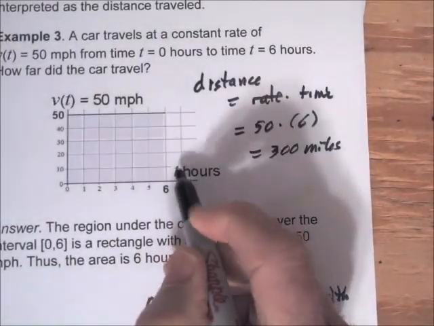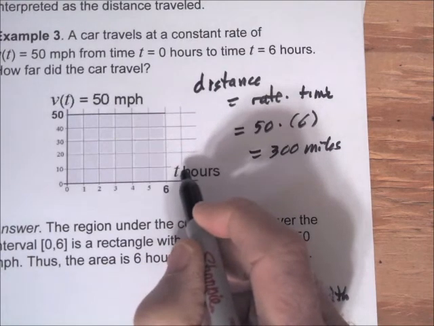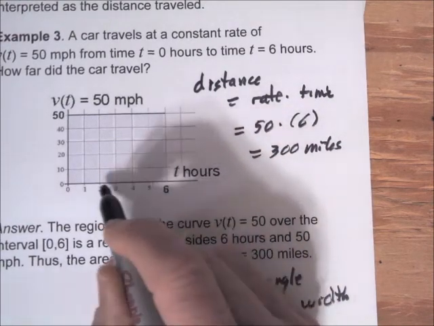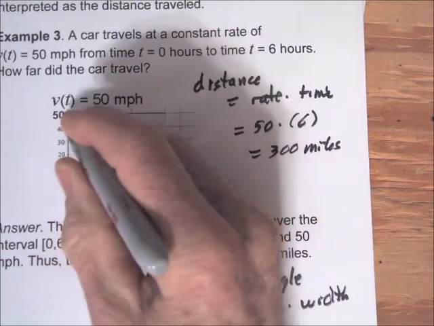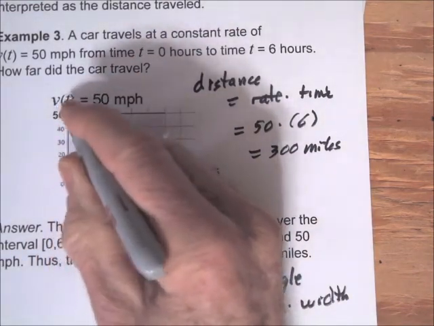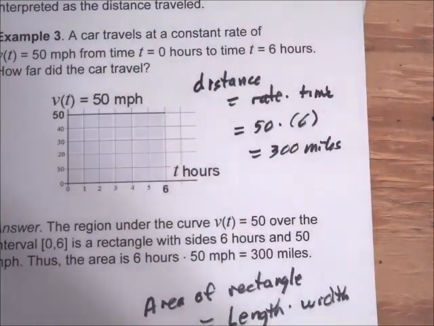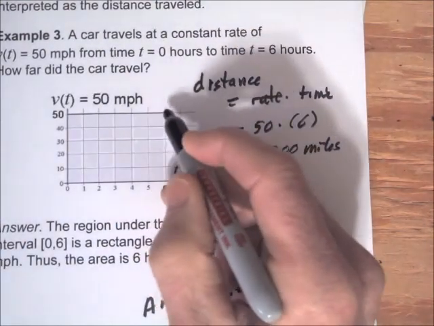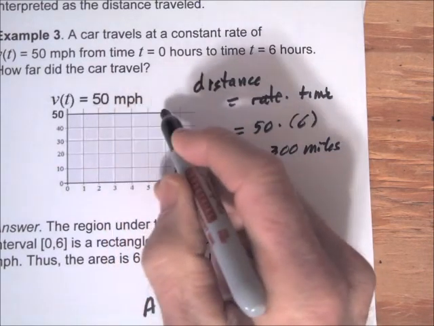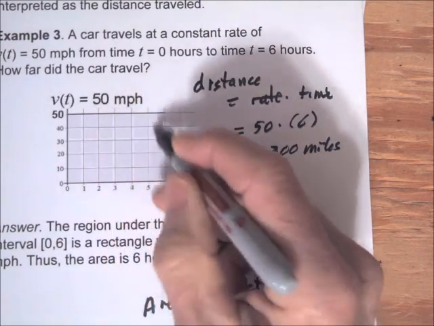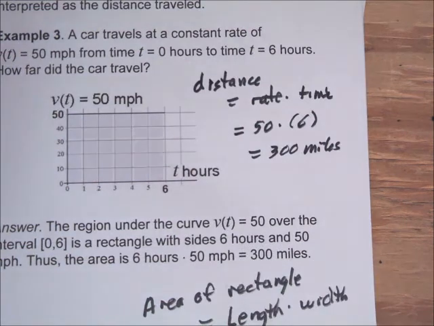And this actually shows up on a graph too. If our x-axis is time in hours, and our y-axis is velocity, then the area under the velocity curve actually corresponds to the distance traveled.